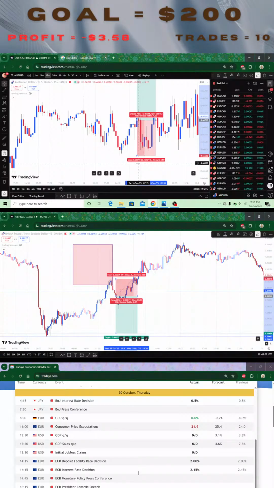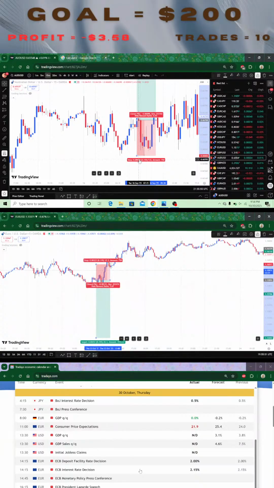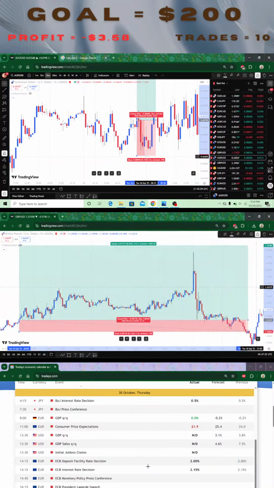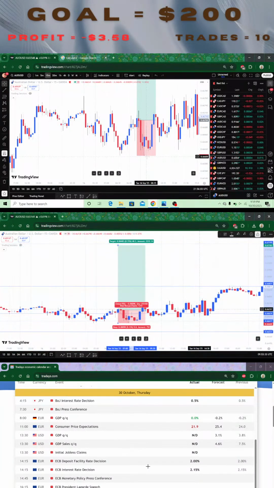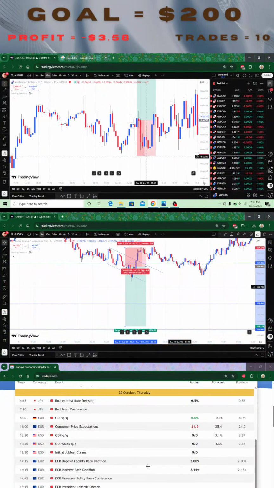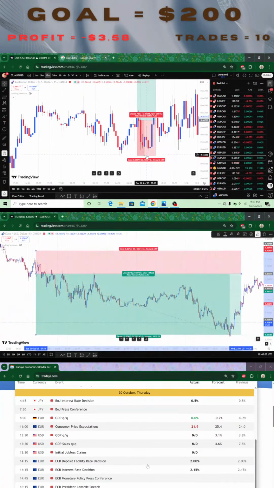And this trade is even a 98 pip risk. So if this is a 98 pip risk, how in the world did this 98 pip risk end up messing up the whole trade?